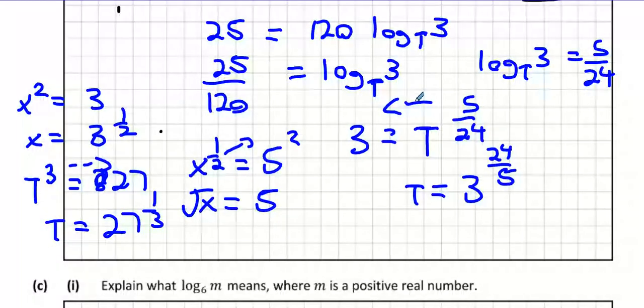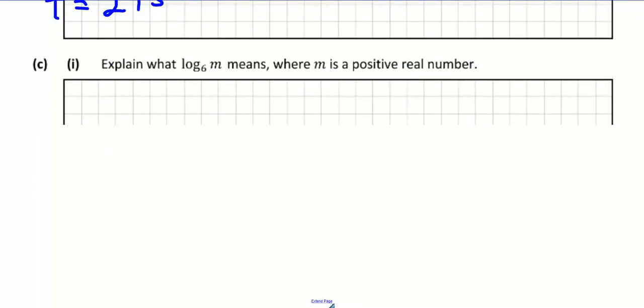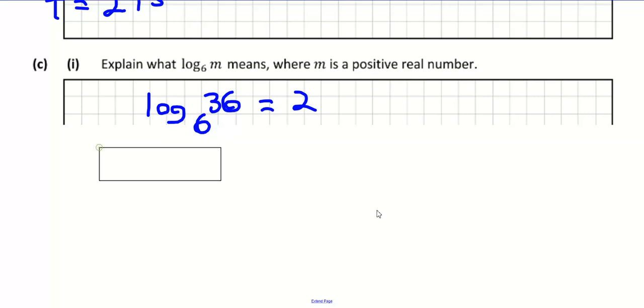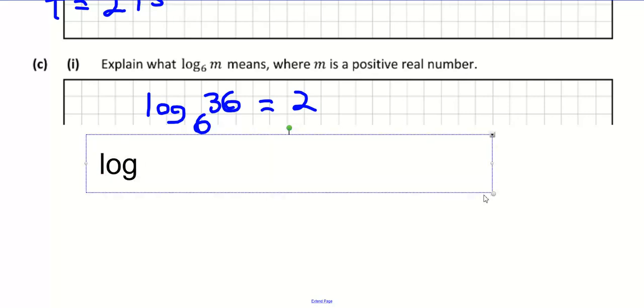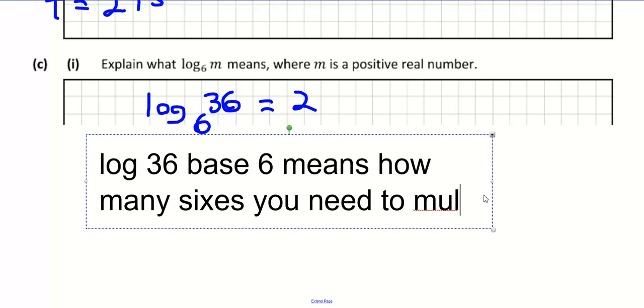Log 6 base 6 means how many sixes you need to multiply by themselves to get the 6. How do I change my answer into log m base 6? What's the word I need to change? 36 with m. And there we go.